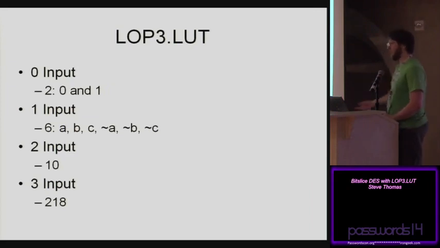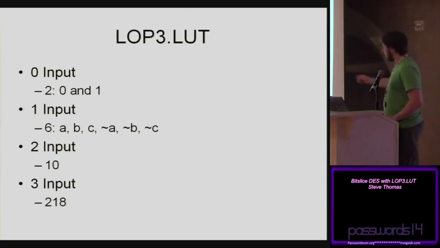Basically the identity and then not of the different variables, because since we have full control over the lookup table, we can just logically not one of the inputs without needing another instruction.